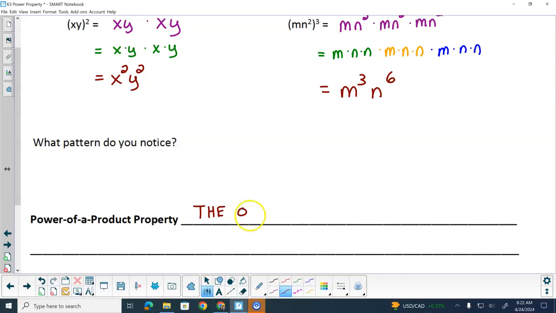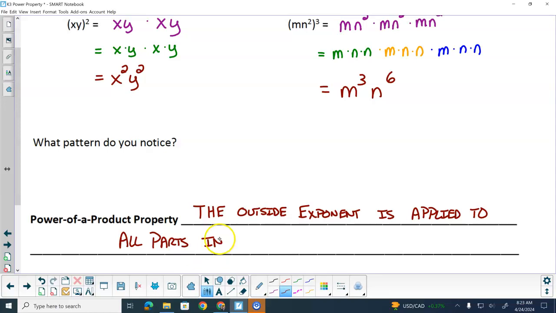The outside exponent is applied to all parts inside the parentheses. Okay?